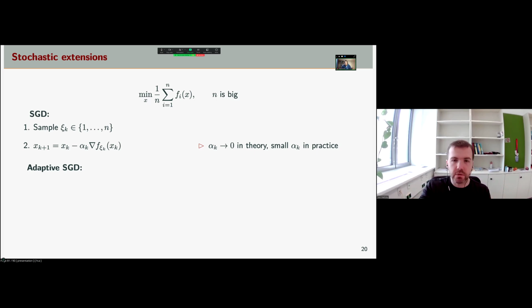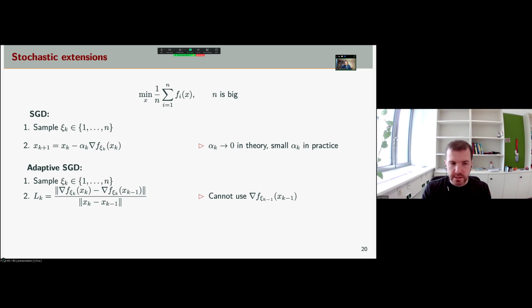The step size for this kind of algorithm is also called the learning rate. So how to estimate it? Let's do something with the Lipschitz constant in the same way as we did before. We sample xi_k and we estimate the Lipschitz constant L_k.